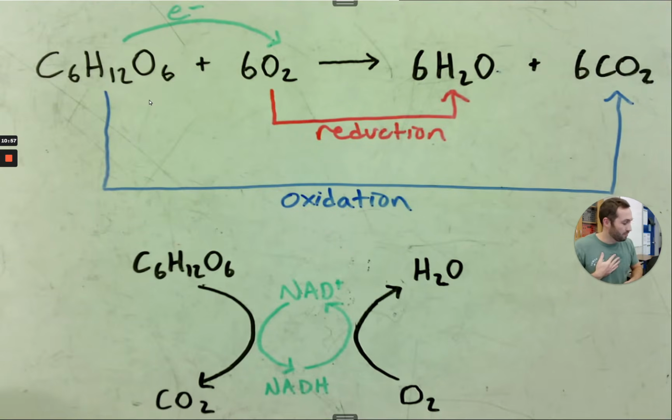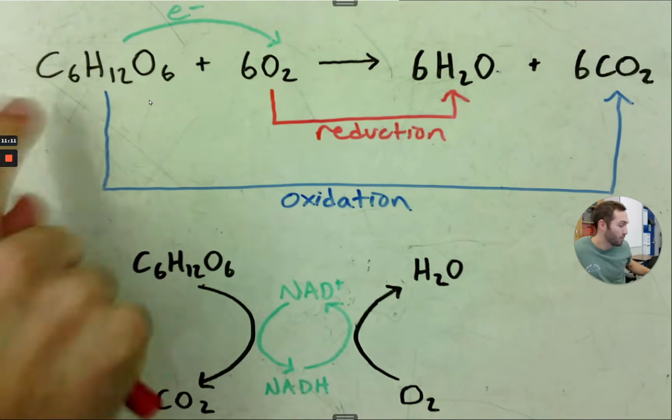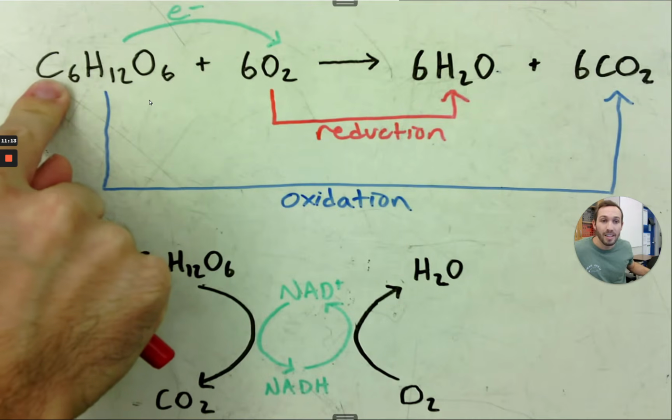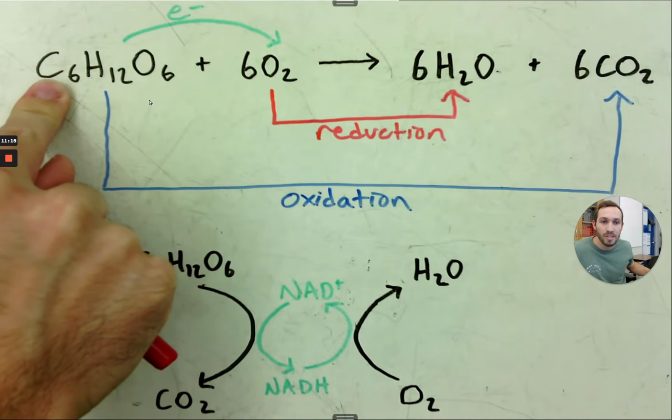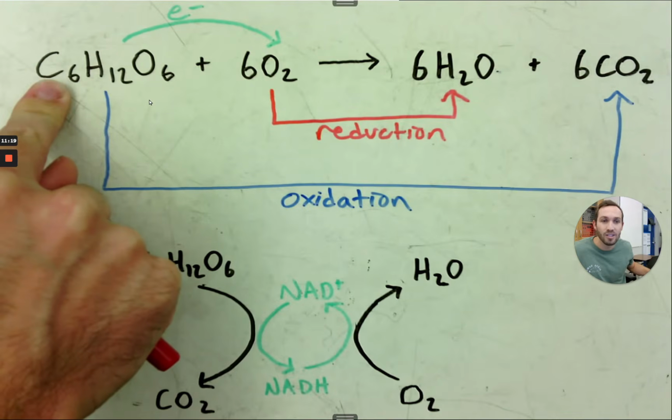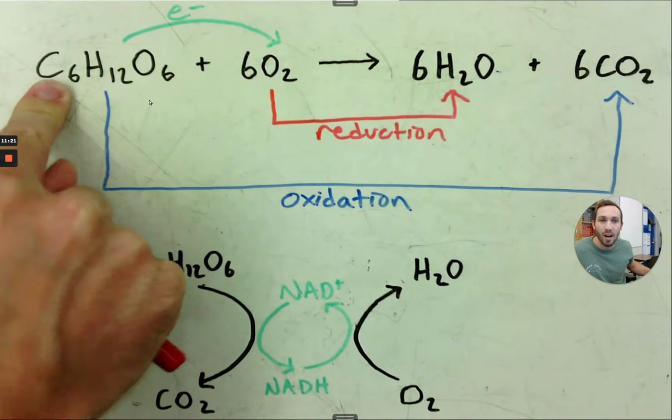But what's important for you to know now is that the sugar, the organic molecules that you're eating from your food, a lot of which is carbohydrates and sugars that are going to be broken down into simple sugars like glucose, ultimately is going to be used in cell respiration to release energy and to make ATP, and that becomes CO2.